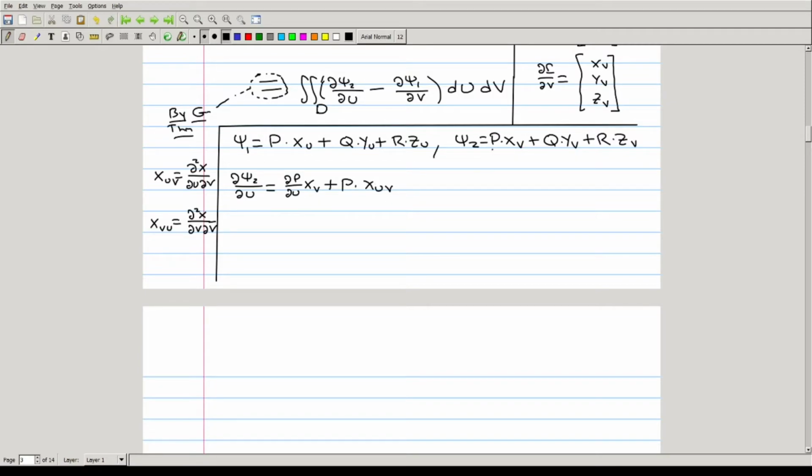So the derivative of this term with respect to u is this, then plus the derivative with respect to u becomes dq du times yv, which is just the product rule again applied to this term, plus q times yuv. Then lastly it'll be plus dr du times zv plus r times zuv.